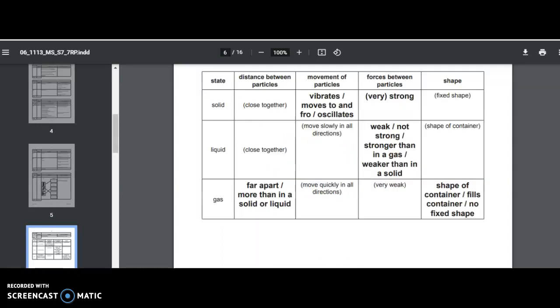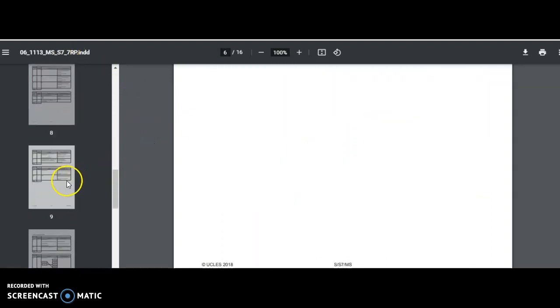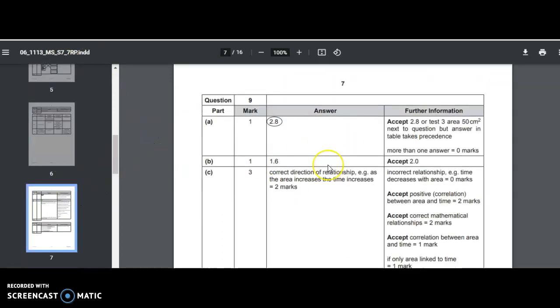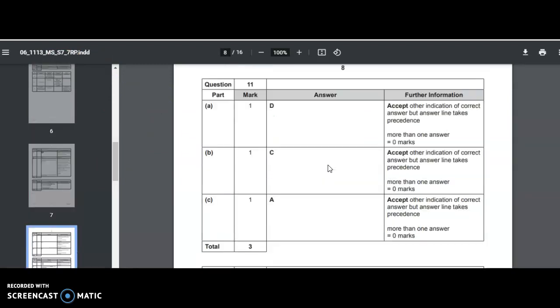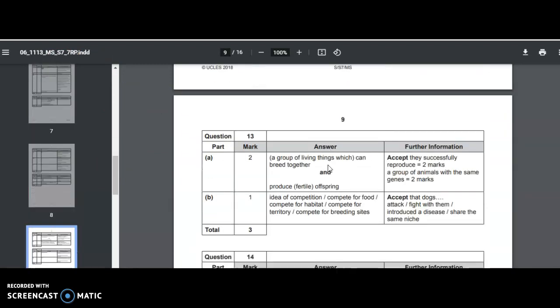What is a species? This is a difficult question for year 9 for all of my classes. And so the answer is a group of living things. That's 1 point. Or a group of living things that can breed together. That's 1 point. So breed together, reproduce together.